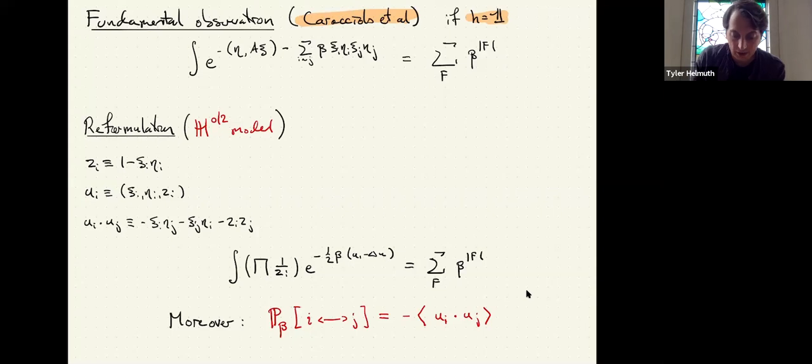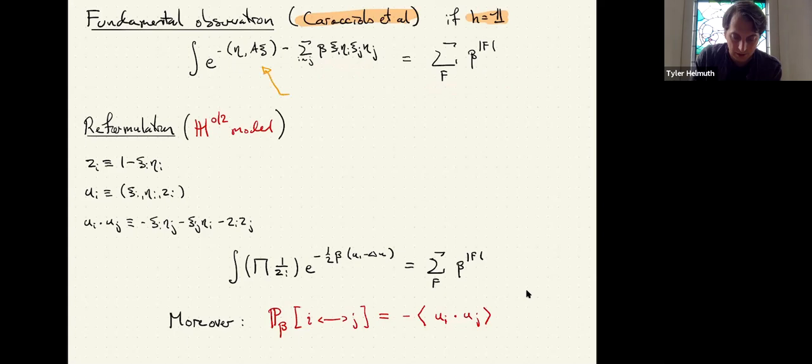So you add in a term where you sum over all edges, xi_i eta_i xi_j eta_j. So this thing here. So what's happened is that you have replaced the fermionic Gaussian free field and you've put in an additional interaction term. And what they proved is that then you get exactly the sum over all spanning forests with no rooting. So why does that happen?